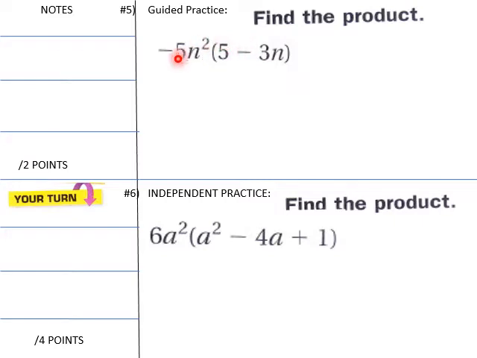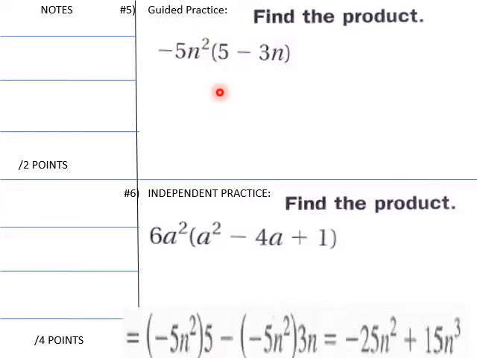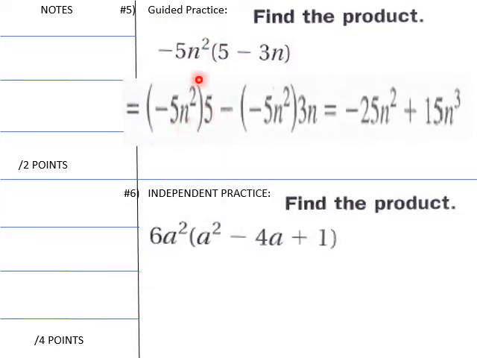Okay, find the product up here. Negative 5n squared times quantity 5 minus 3n. Students, this is yours down here. We're going to do this up here right now as our guided practice. So negative 5n squared, we're going to distribute that to each one of these terms inside parentheses.